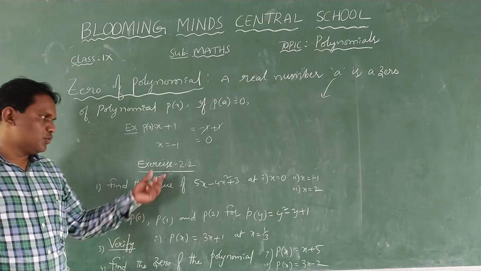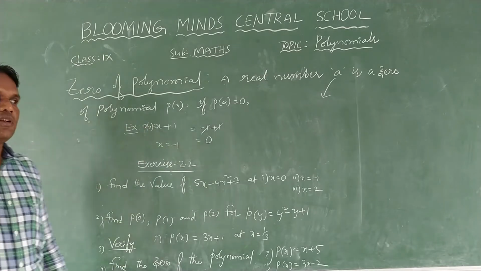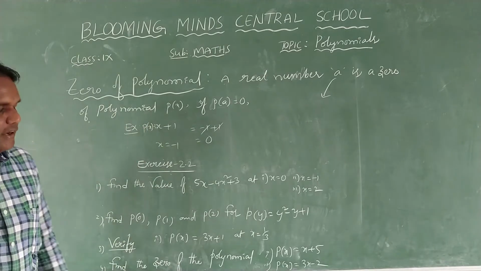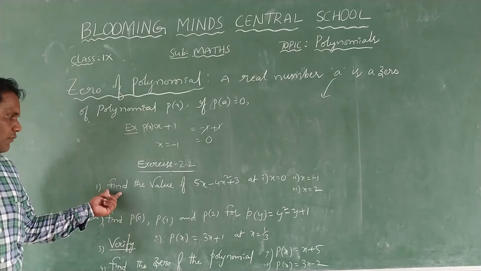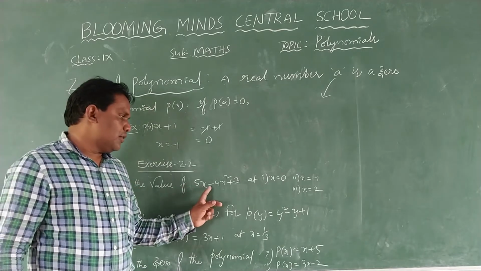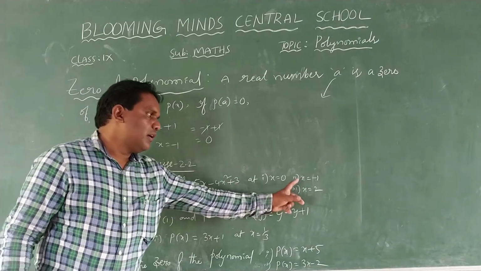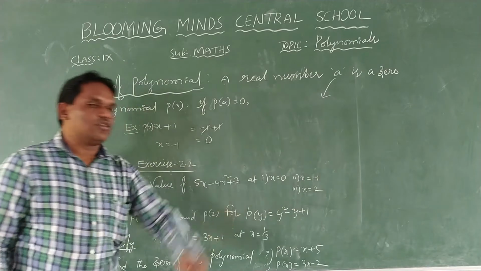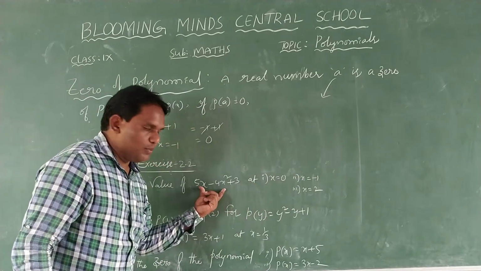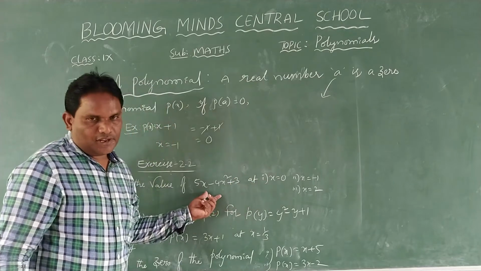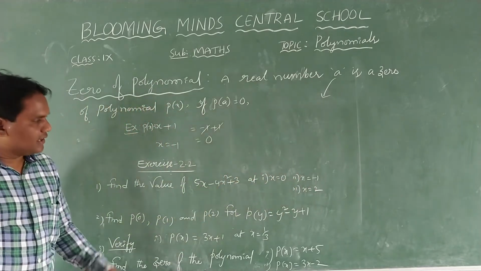Now, exercise 2, based on the 0 of the polynomial. The value of the polynomial p of x you can find by substituting the values. Here the first question is: find the value of 5x minus 4x square plus 3 at x is equal to 0, x is equal to minus 1, x is equal to 2. Just put 0 instead of x one time, minus 1 one time, 2 one time. You will get different values.